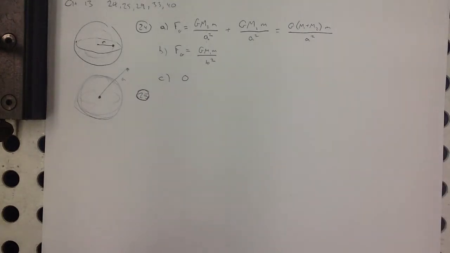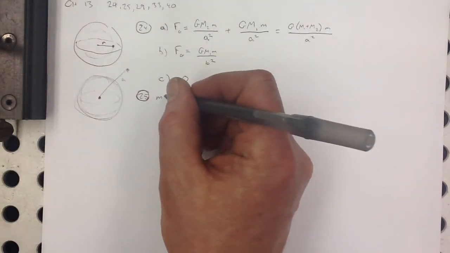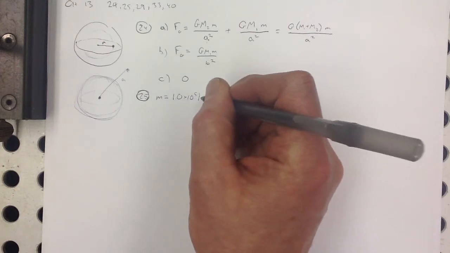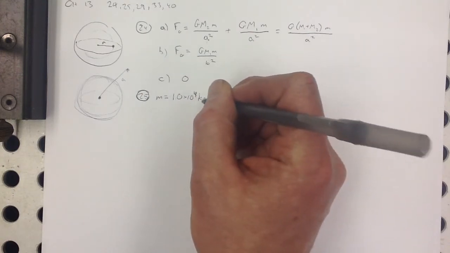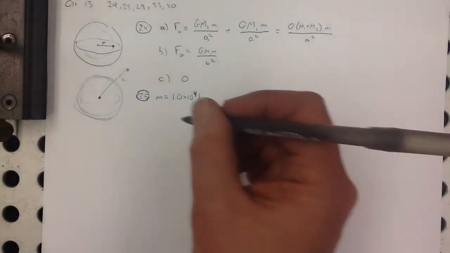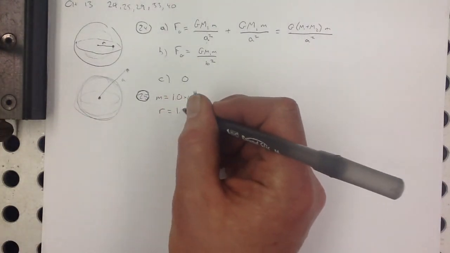All right, number 25. A solid uniform sphere has a mass of 1 × 10⁴ kilograms and a radius of 1 meter.